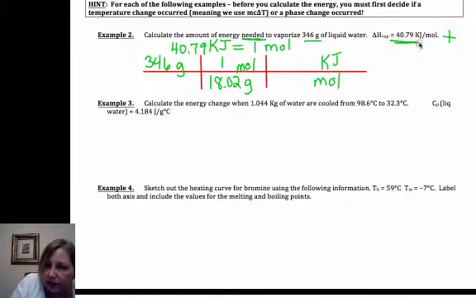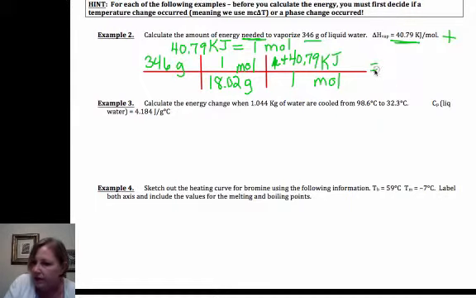That's what this number tells me, that it's going to require 40.79 kilojoules for every 1 mole. Okay, so our answer is a positive 783 kilojoules of energy.